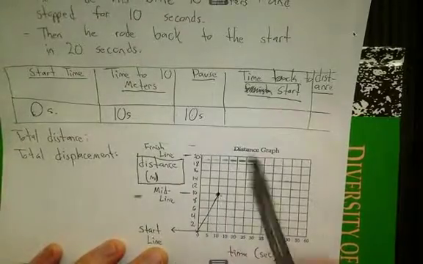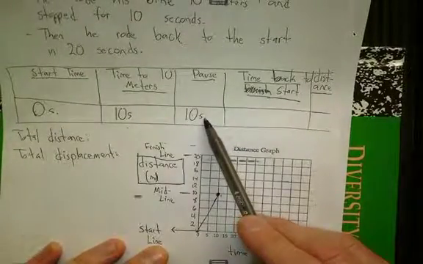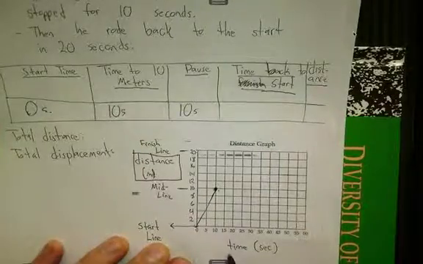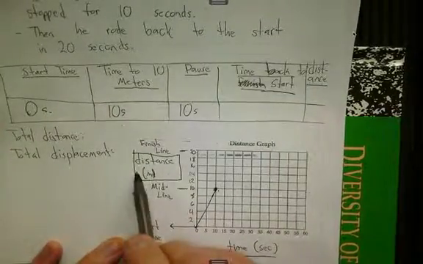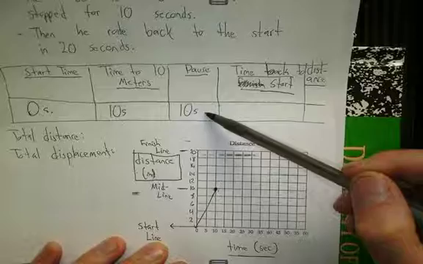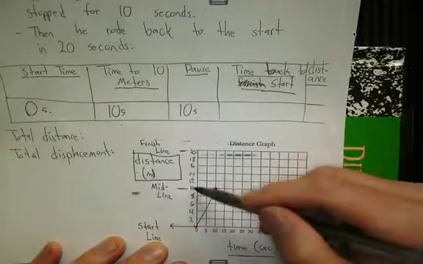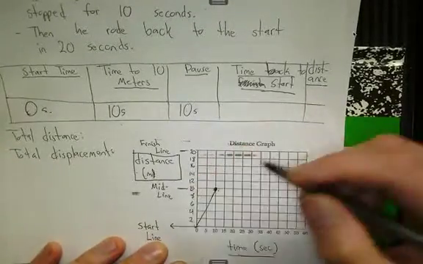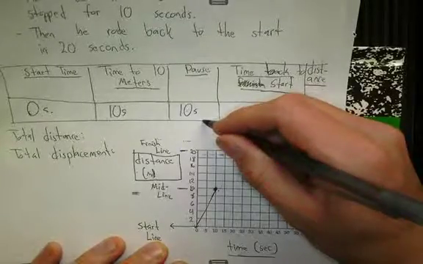Now we have a second part. He takes a 10-second pause. Our time is on the x-axis and our distance is on the y-axis. While he took his pause, he didn't move anywhere. So he stayed at 10 meters for a time of 10 seconds.